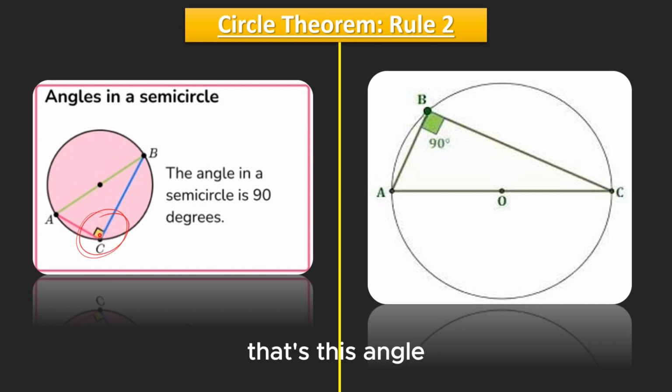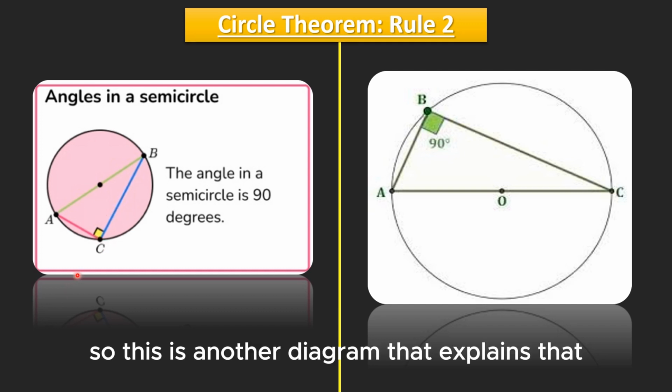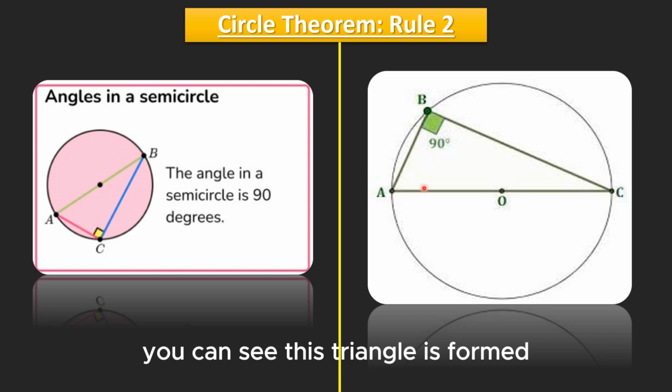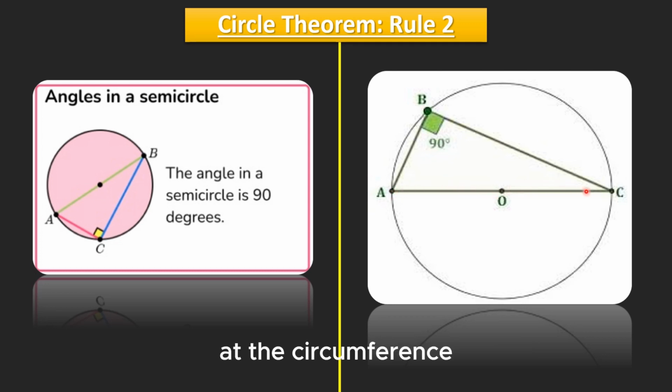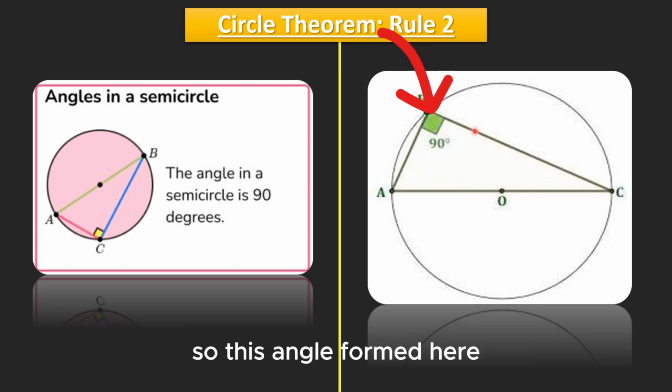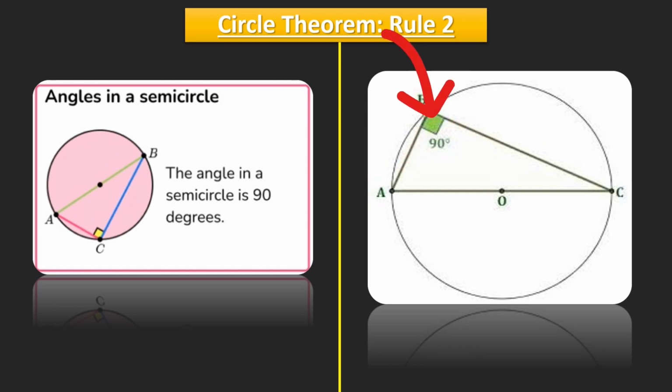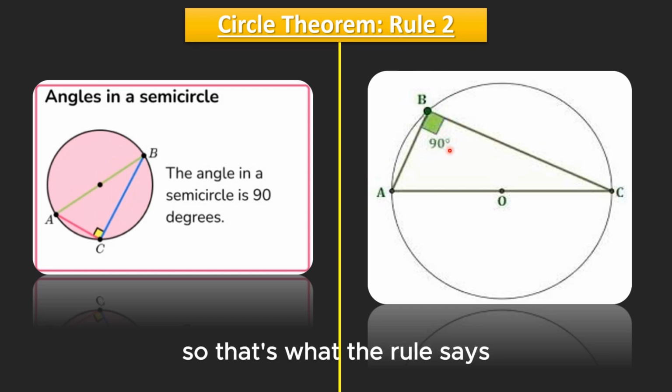That's this angle. So this is another diagram that explains that. You can see this triangle is formed at the circumference. So this angle formed here is at 90 degrees. So that's what the rule says.